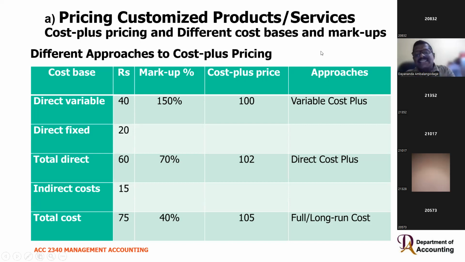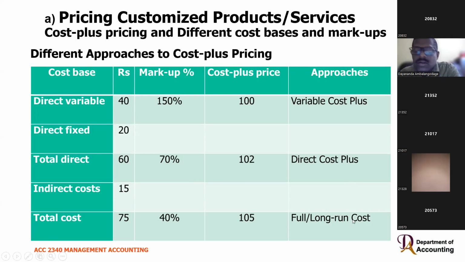There are basically three methods. You can adopt variable cost plus pricing, where you identify the variable cost, then add a markup. In this example, 150% is added, so the price would be 100. Direct cost plus: you identify the direct cost for your product, then add a markup, which is called direct cost plus.